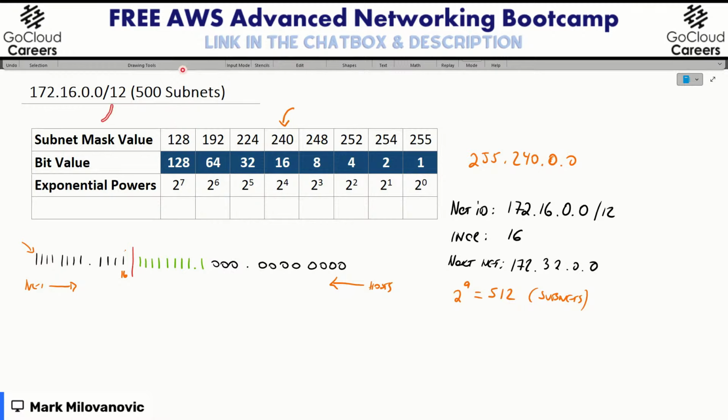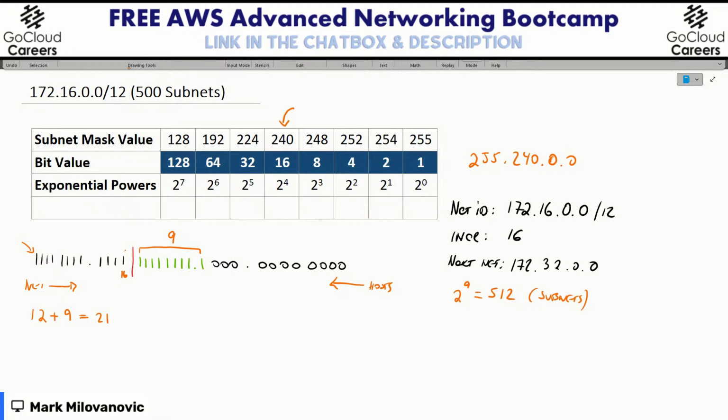Our mask or prefix length still remains the same. We need to update because our range has changed. So the way we do that is, again, we count the amount of bits we have. In this case, we agreed there was 9 bits. Well, those need to be added to the network portion. So simple math, 12 plus 9 equals 21.